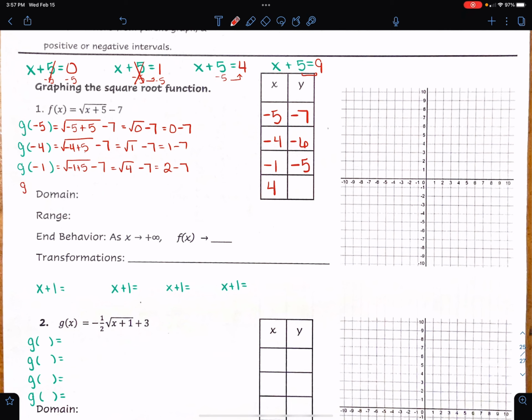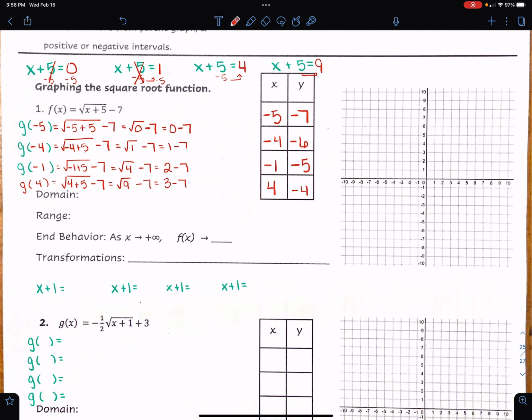And then the last one, we are going to do g of 4. And that is going to give me radical 9, then minus 7, which is equal to 3 minus 7, which is equal to -4.